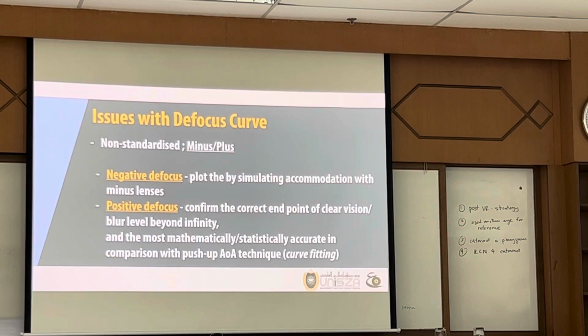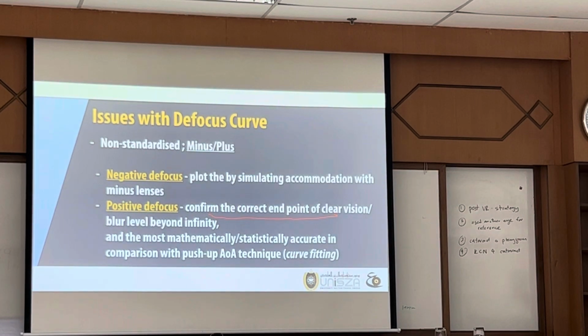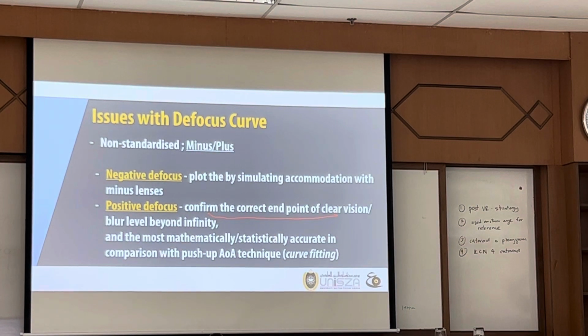But after they did the study, you still have to put a positive lens, because the study says it is to confirm the correct point of clear vision. So you have to put it to complete the graph, basically. That's because it is statistically and mathematically representative of a normal lens. So after they compare with the normal lens, you should put also the plus, because that's the statistically and mathematically correct technique, which is curve fitting.